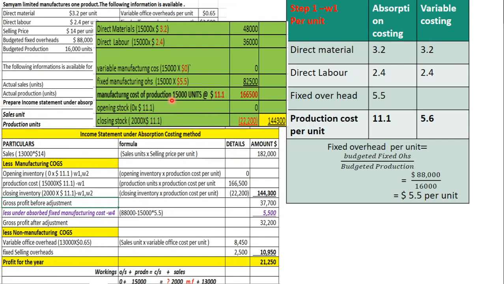Clear? So in opening stock, we don't have opening stock, so 0, you put the rate here, you get this. Closing stock 2,000, you have this rate, put it down here, and then when you solve this, you get 144,300 as your COGS, which is exactly the same. See this and this. So it means this whole section can also be solved by this method if you want.